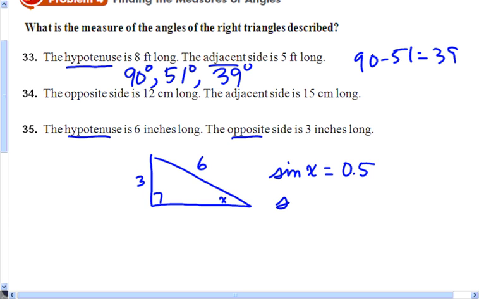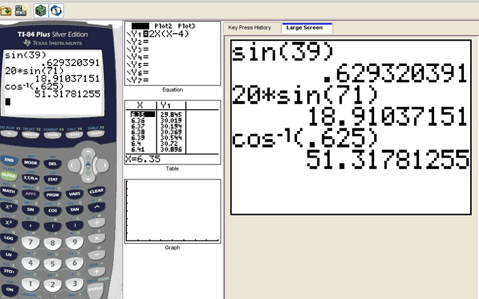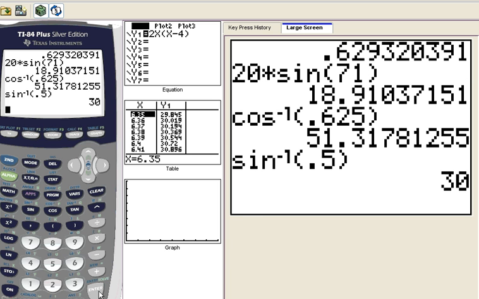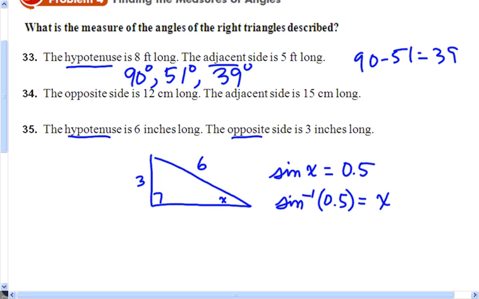And so to figure this one out, we're going to do the sine inverse of 0.5 will equal x. So on my calculator, I'm just going to do second sine 0.5, and that equals 30. So x is 30 degrees.